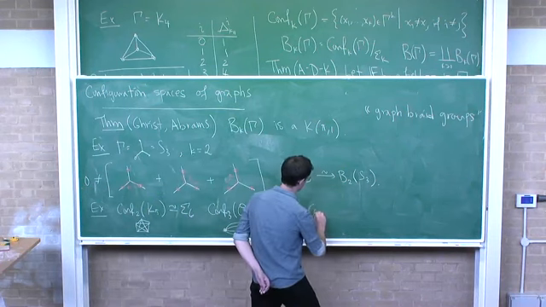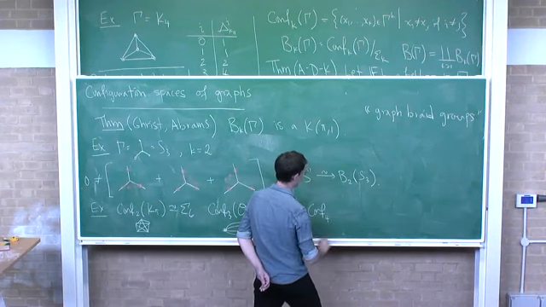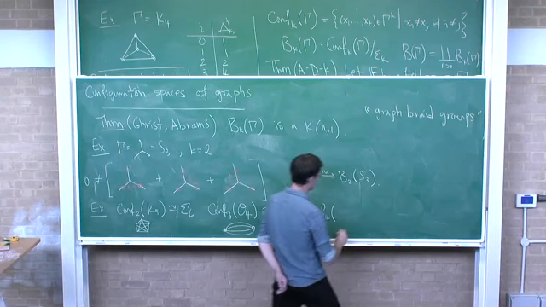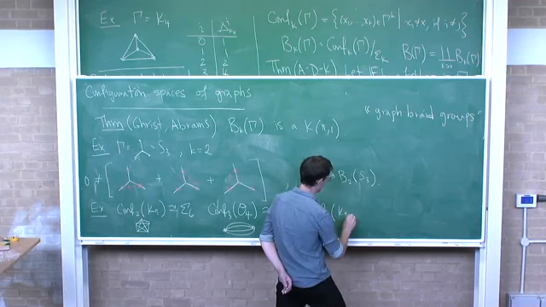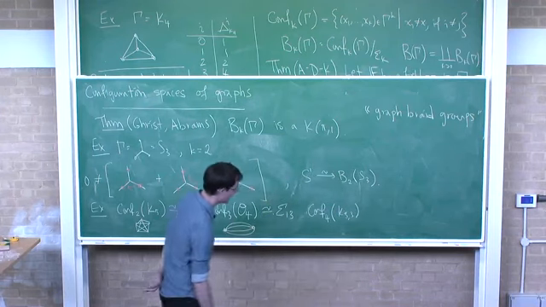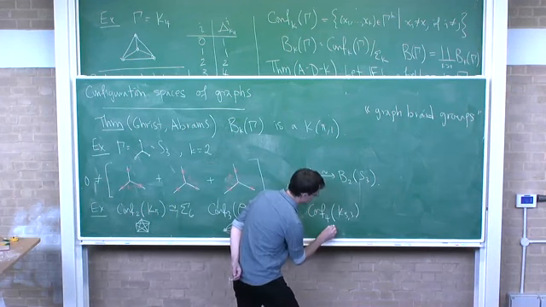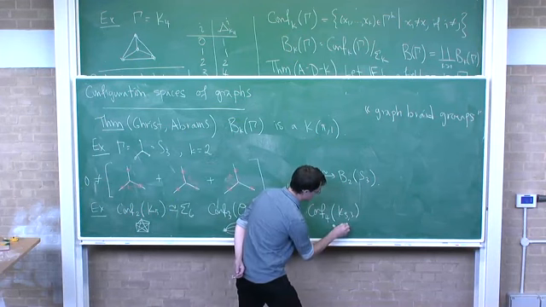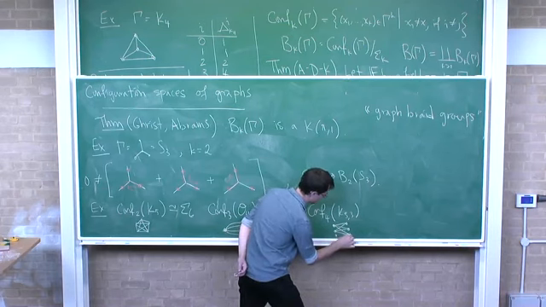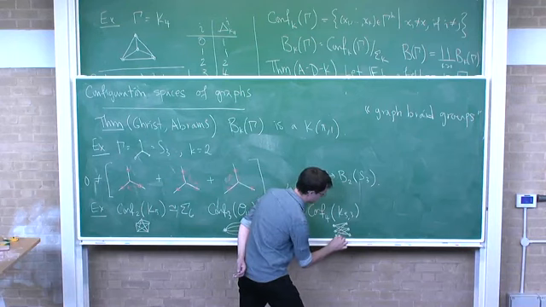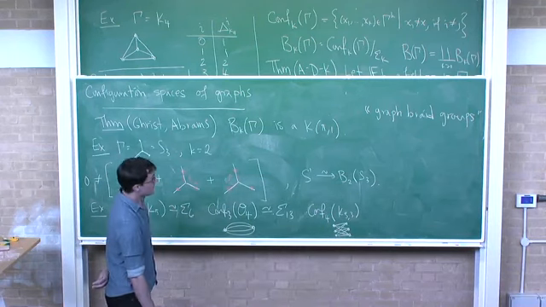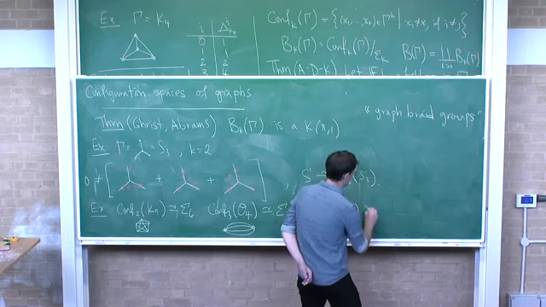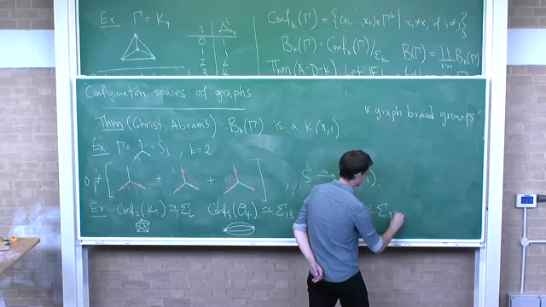And if you consider the configuration space of 4 points in the complete bipartite graph K3,3, which is the graph that looks like this, then that is homotopy equivalent to a surface of genus 37.